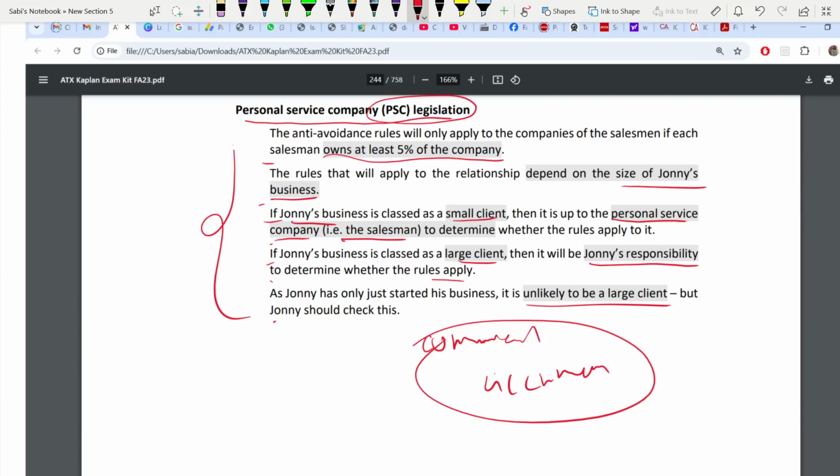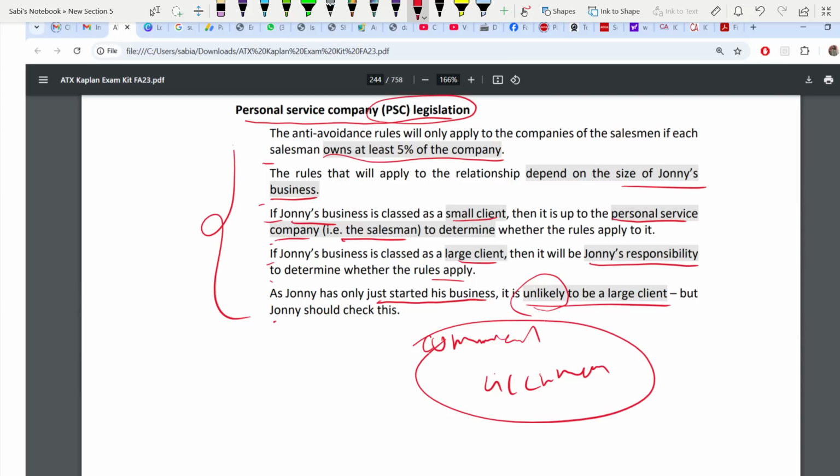Obviously, you will be small. So as Johnny has only just started his business, you're referring to the case study because they have just started his business, unlikely. Use probabilities like this. If you're not very sure, don't say 100% that they are not a large client. Just say it's unlikely that they are a large client because they've just started their business.